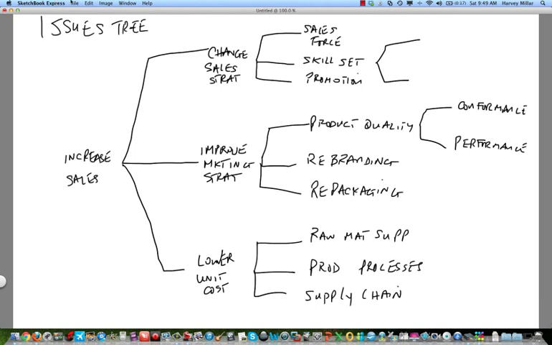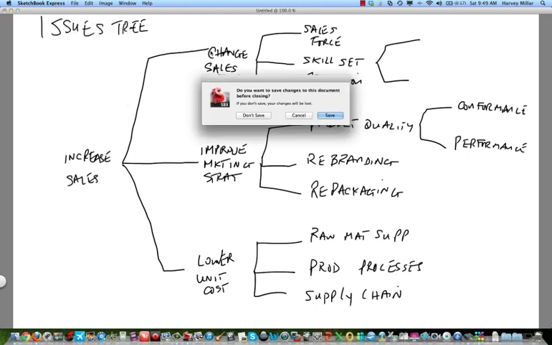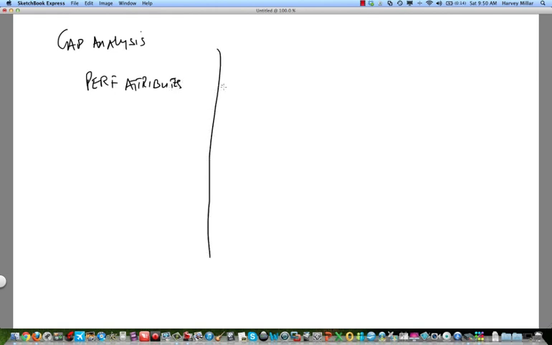We could do another one. Let's look at gap analysis. Gap analysis is another tool, and with gap analysis, essentially what we tend to have is a set of performance attributes and the score of performance.